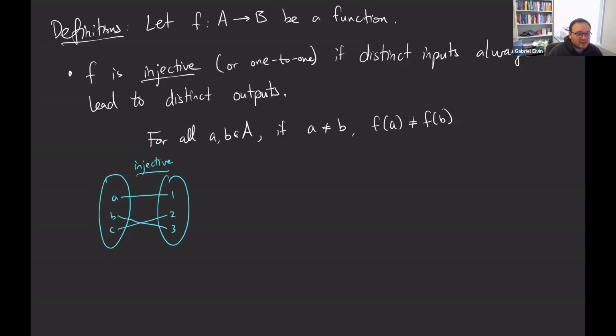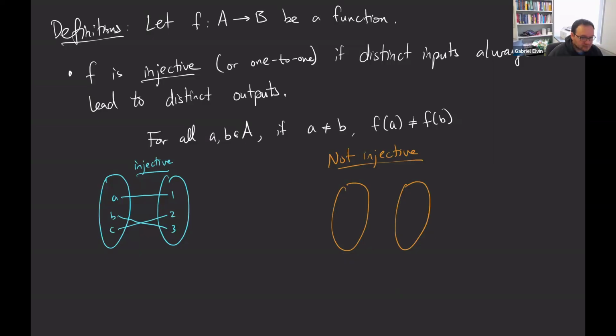And actually, I think the illustration for not being injective is even more helpful. So not injective, what does that look like? It means that this statement is false, that there exist some A and B that are distinct, but their outputs are the same.